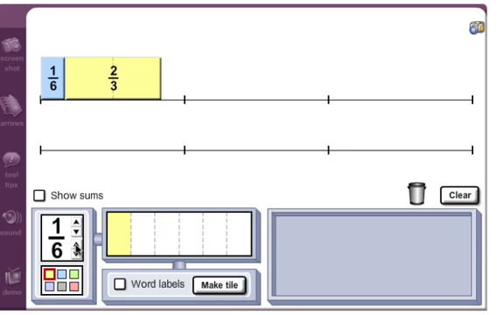And so the first thing I'm going to do is make a tile to represent the 1/6 because there's our 1/6, and then we're going to make a bunch of tiles here.